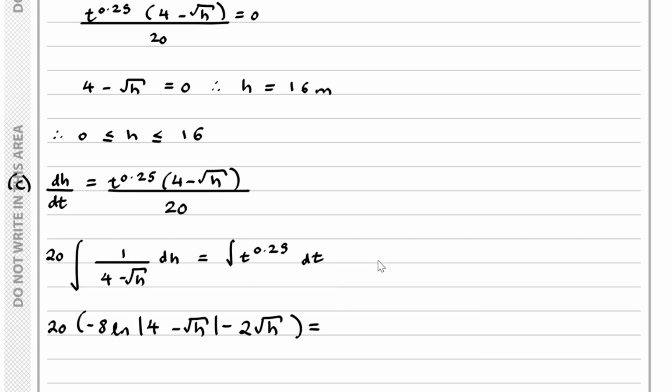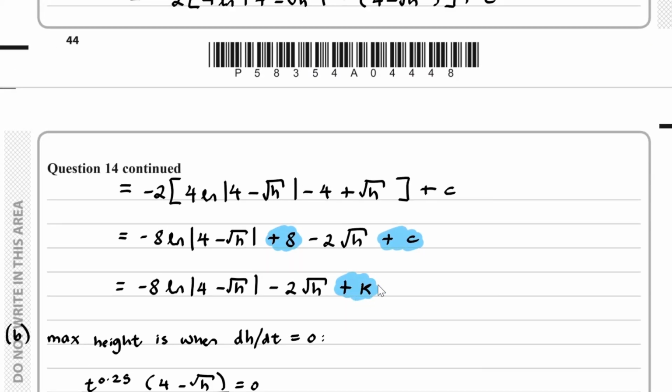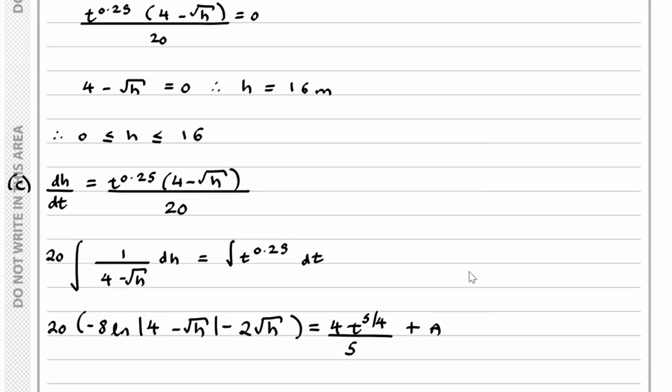That's equal to, well, if I integrate this, we have 4t to the 5 over 4 over 5 plus some constant a. Now, of course, you may notice that before we had a plus k, and all I've done over here is take that k over to the side, because when you integrate, you're going to get some constants, and I've just taken all those constants over to one side to get a massive constant a.